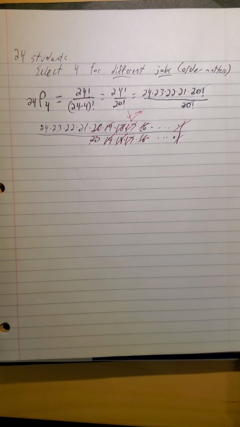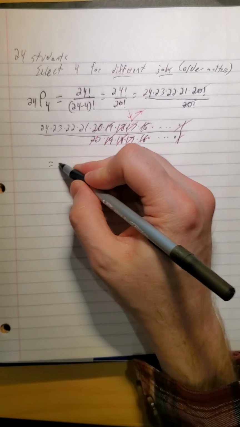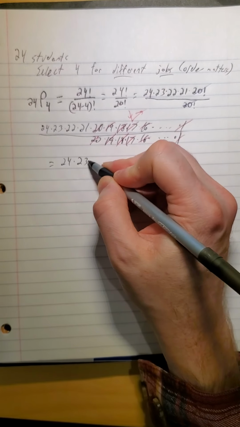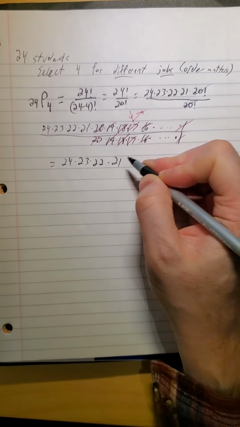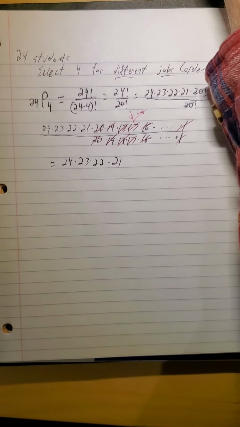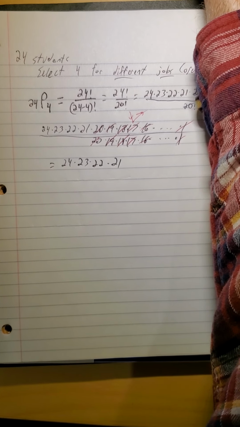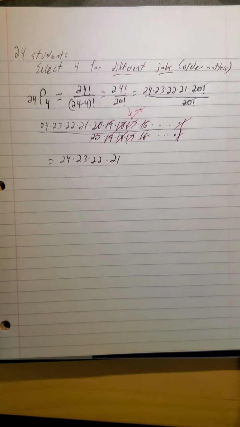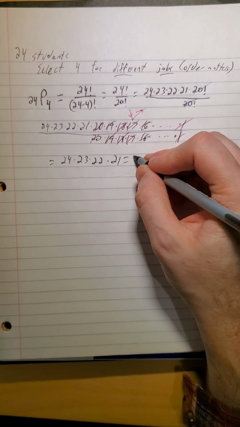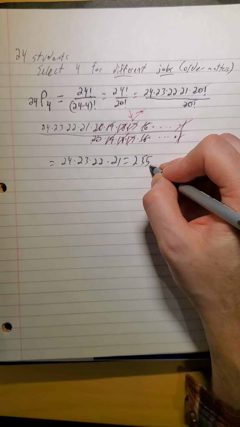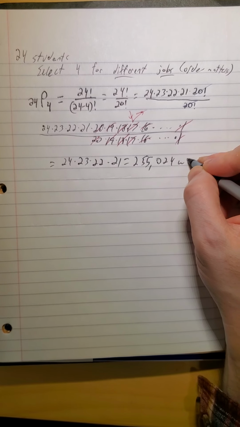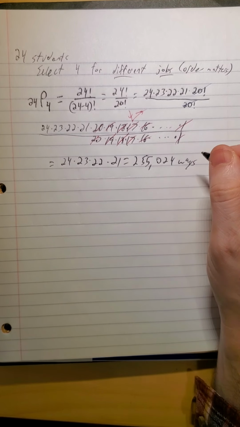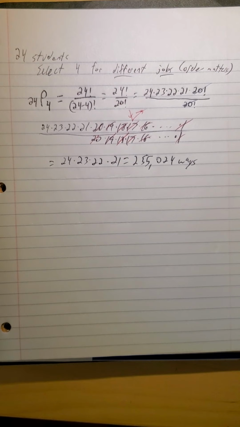Cancel the 20 factorials. So 24 times 23 times 22 times 21. And then we just plug and chug in the calculator on that. And we're at 255,024 ways. And again, that's if the order matters.